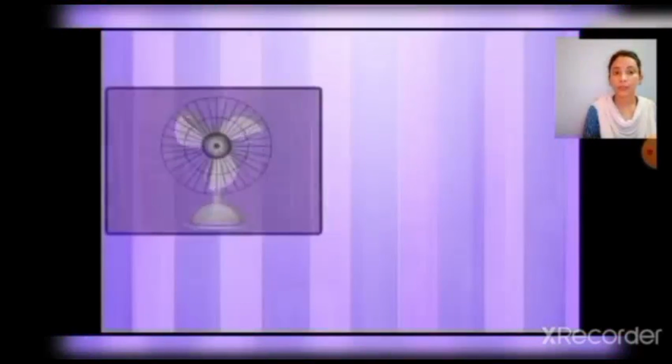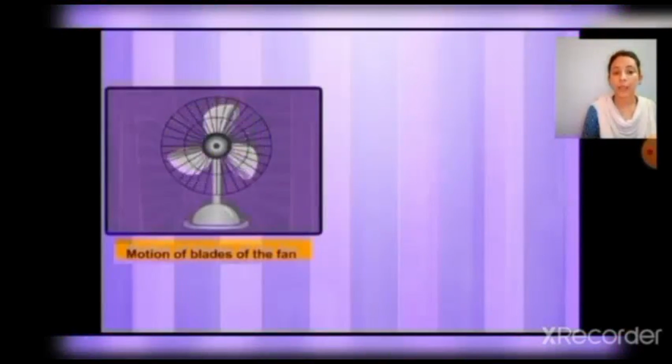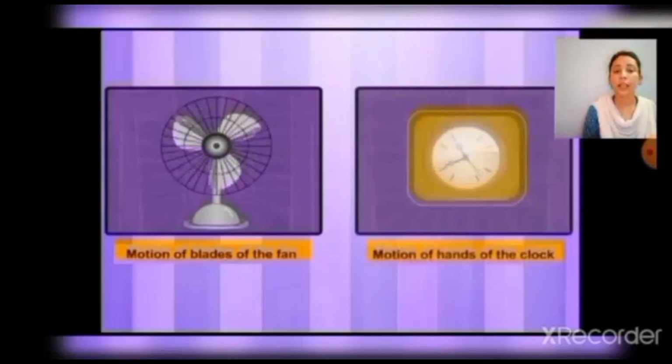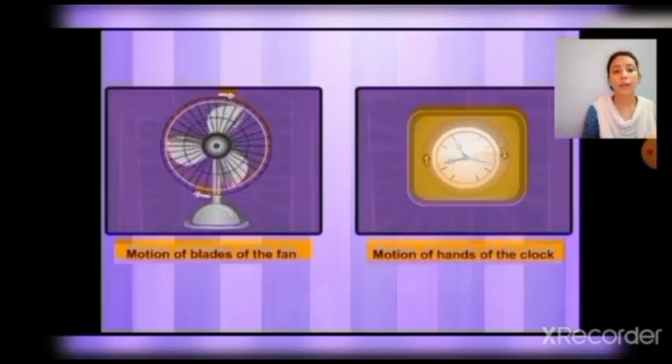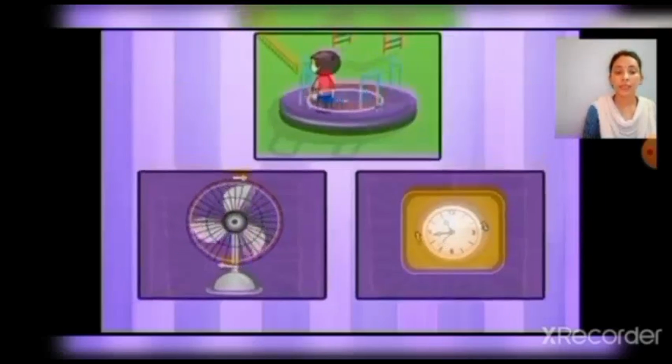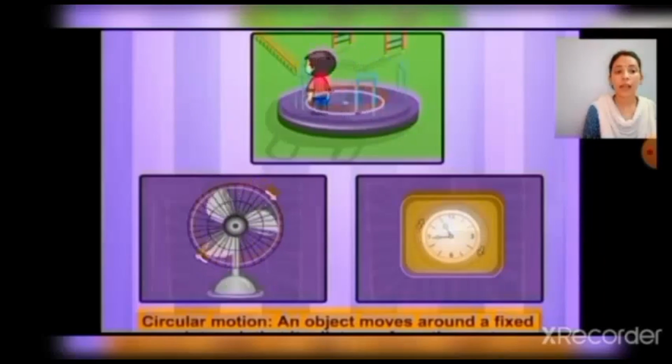For example, if you look at this fan, the blades of the fan are in motion, but they all are fixed with the central point. Same is happening in another case. In the case of the hands of a clock, they all are fixed at the center.